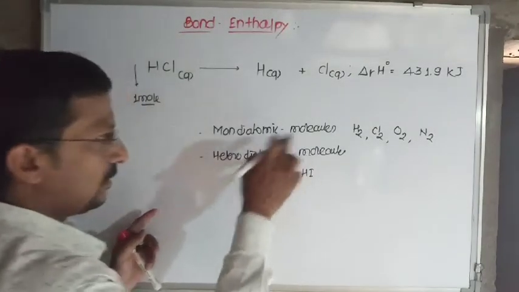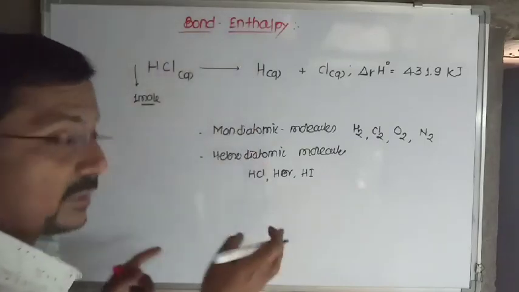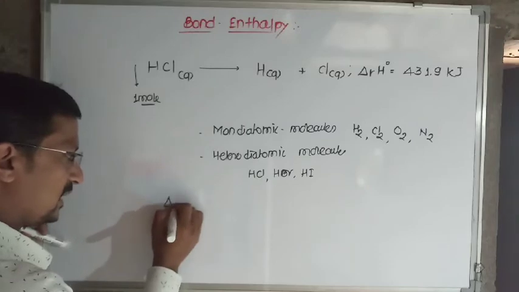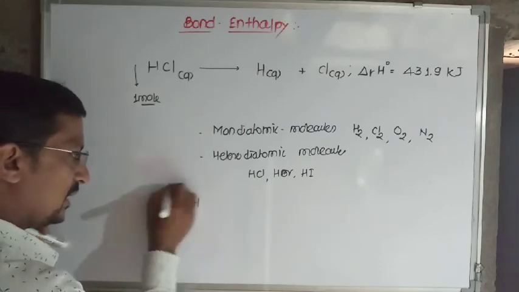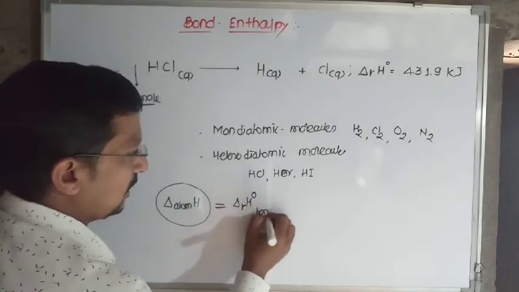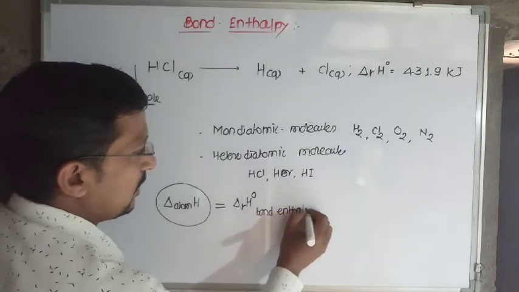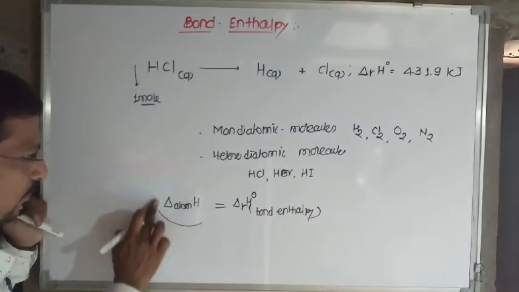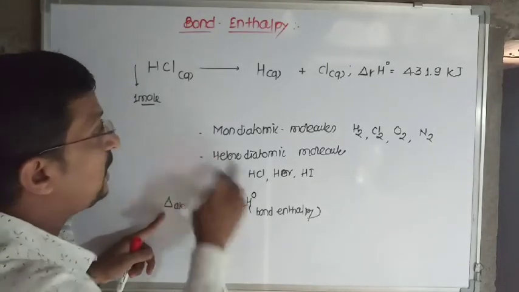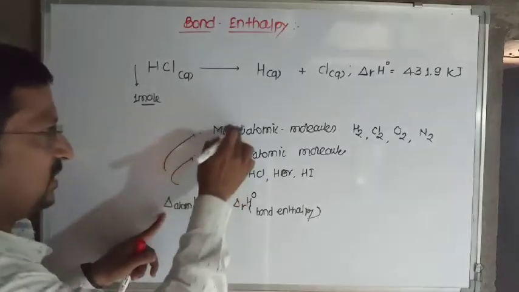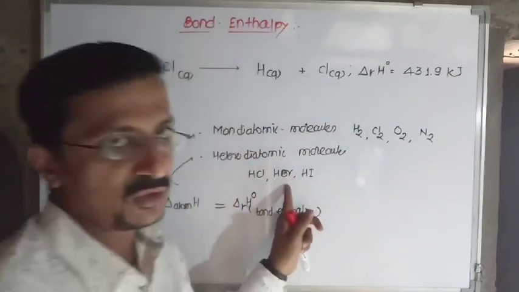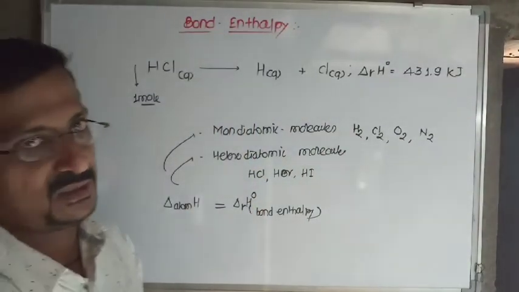For monodiatomic or heterodiatomic molecules, the bond enthalpy is similar to the enthalpy of atomization, delta atomization H. Remember well, the enthalpy of atomization is exactly equal to the bond enthalpy only for these two types, because in either monodiatomic or heterodiatomic molecules only one single covalent bond is present.